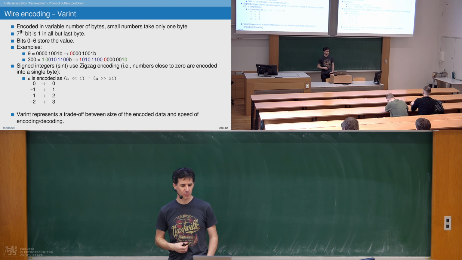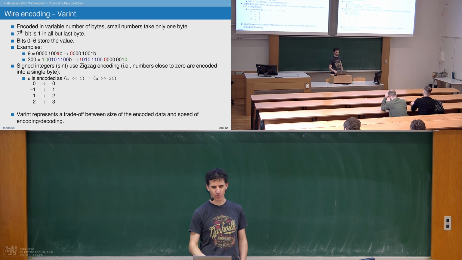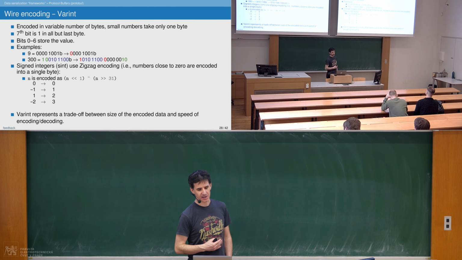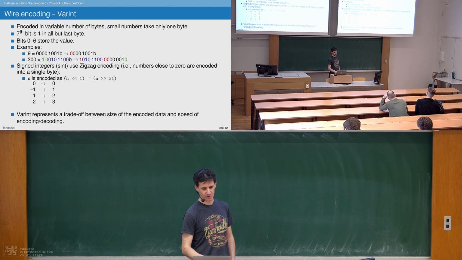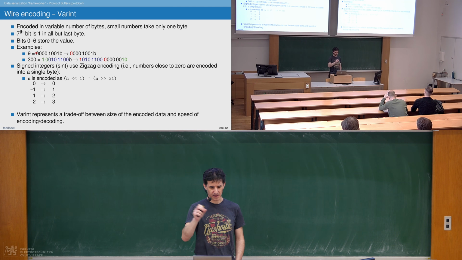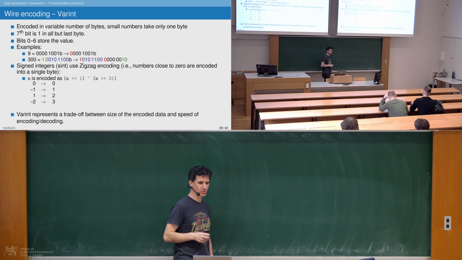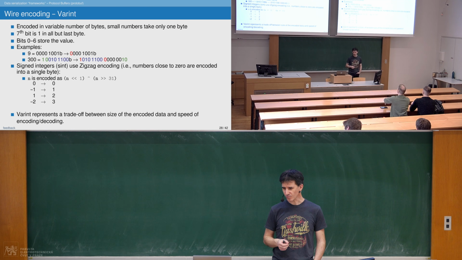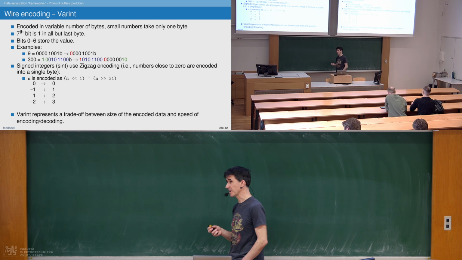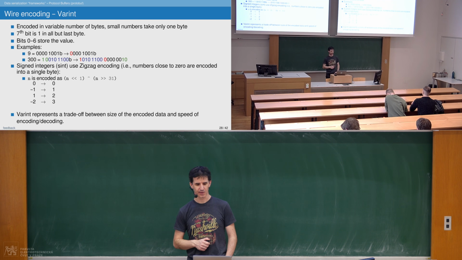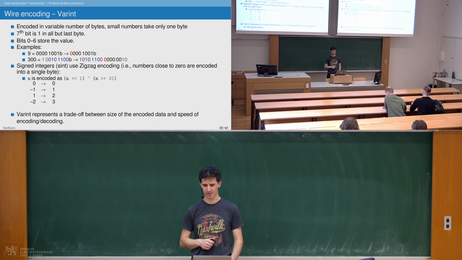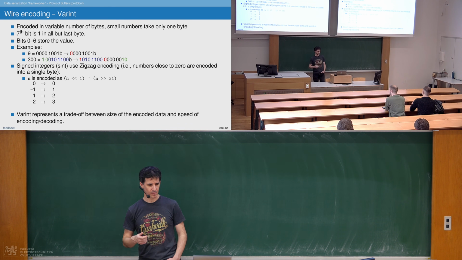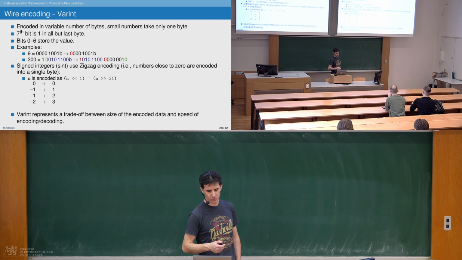So if you would need to encode this all ones, let's say 32-bit all ones, it would be very inefficient, because you would need to encode all, let's say 4 bytes or all 32 bits, and every negative number would take quite a big amount of bytes to encode.